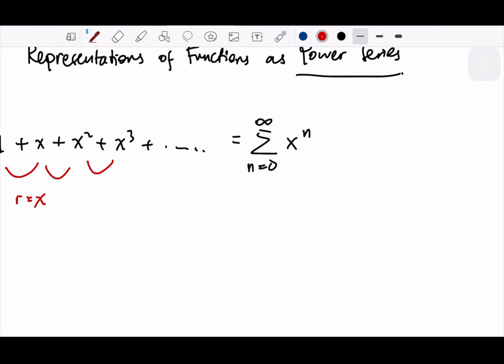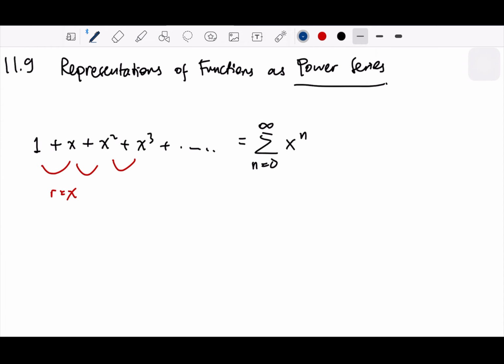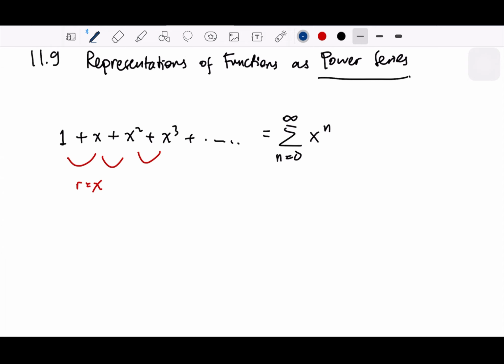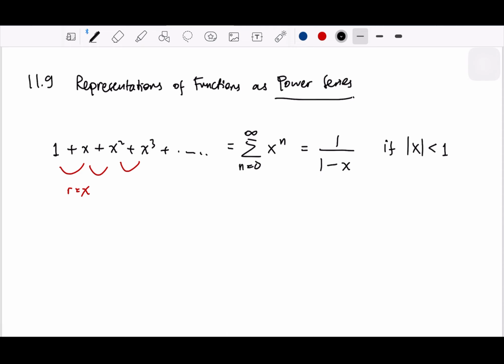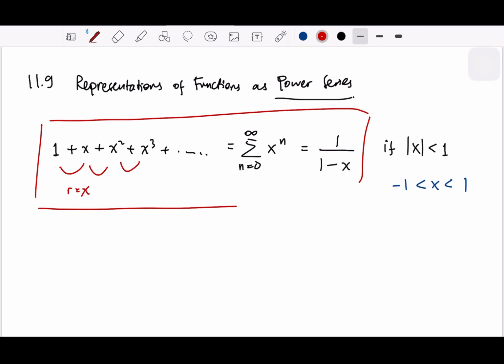So we can say that this will be equal to 1 over 1 minus x if, okay, if the absolute value of x is less than 1. Or it's between -1 and 1. Okay? So we can take this as our first observation.